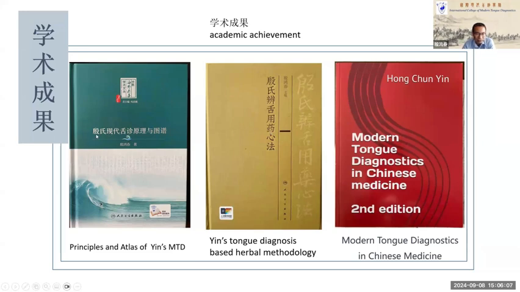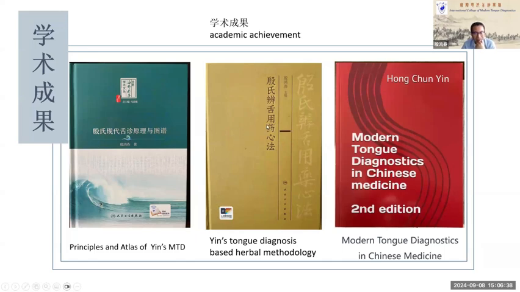And these two, this one is Principles and Atlas of Yin's MTD, and Yin's Modern Tongue Diagnosis Based Herbal Methodology. Both books were published in China by the People's Medical Publishing House, or People's Health Publishing House. I can't remember their English name.